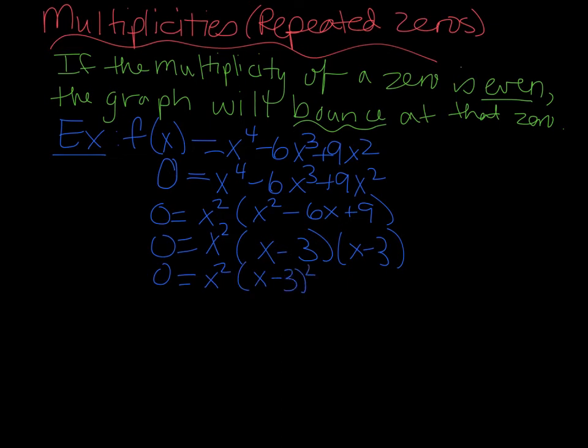So you might notice that we're going to have a few things doubling. For example, I have x squared equals 0. If you have something squared equaling a value, that is the sign of a repeated 0. So this means that my first 0 is x equals 0, and it has a multiplicity of 2.